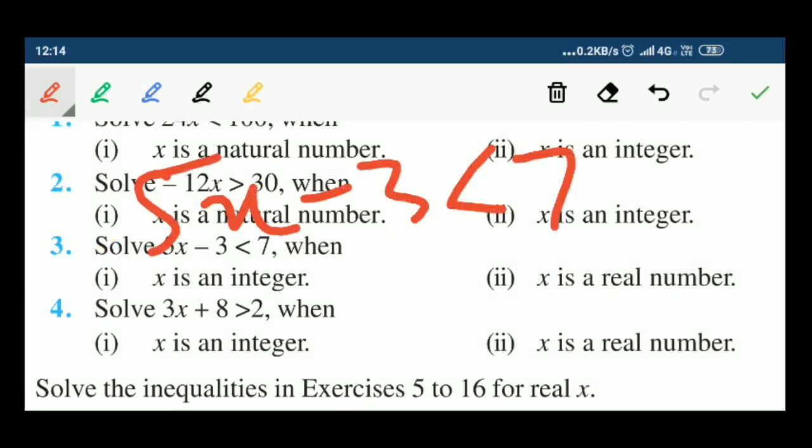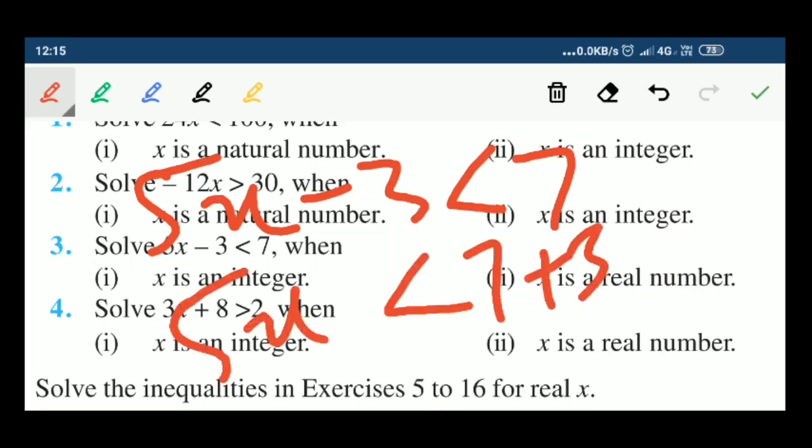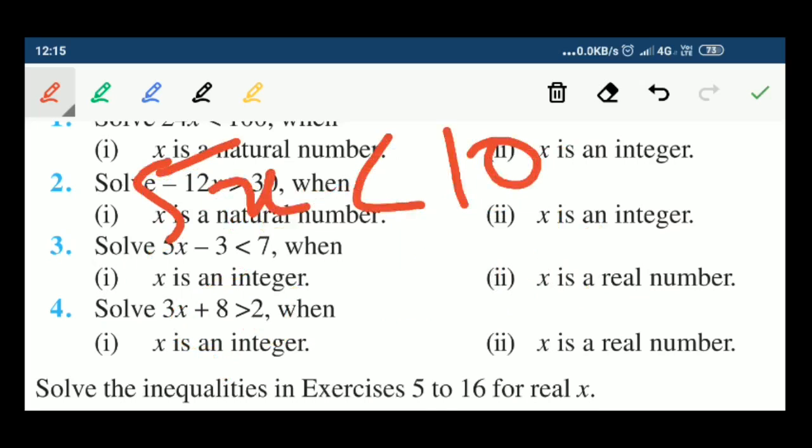So what you will do, you will add 3 on both sides. So on the left hand side 3 is cancelled and on the right hand side you will get 10. You can see 5x < 7 + 3, and then 5x < 10, and after this divide both sides by 5.